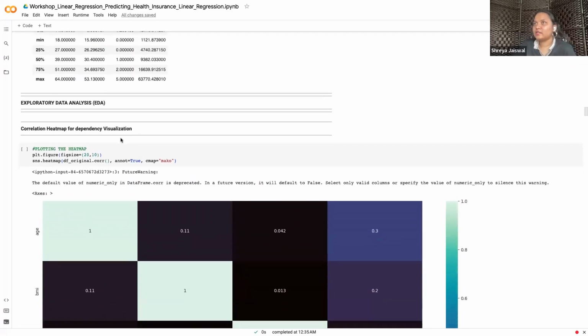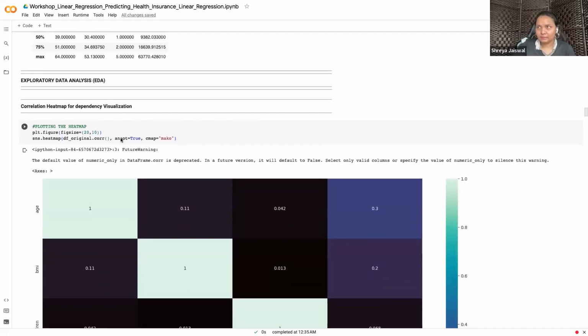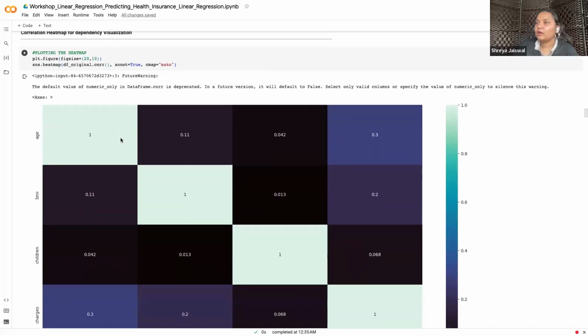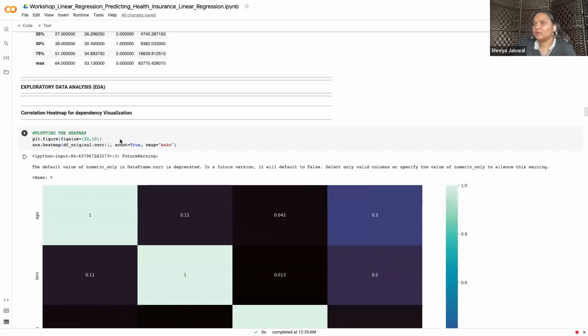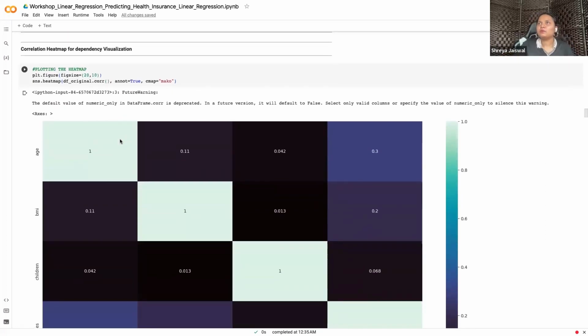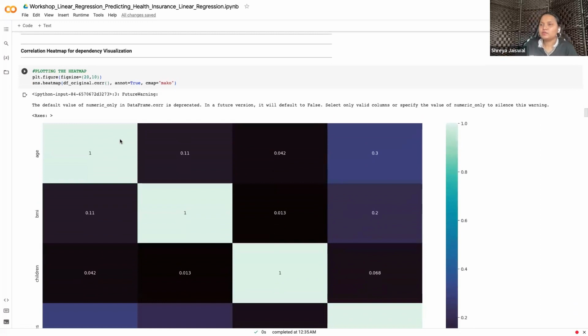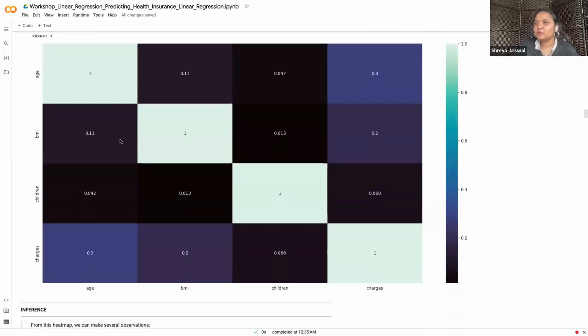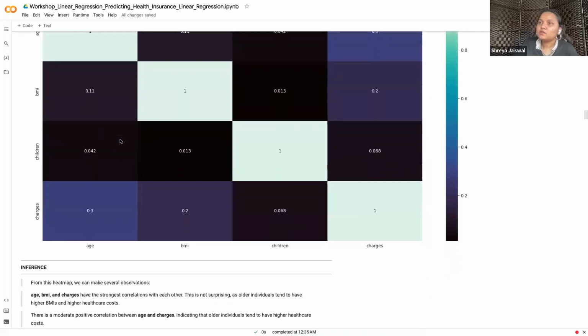Then the next part is doing a little bit of EDA. I'm sure all of you must know what correlation is. I'll just very briefly explain it. Correlation usually takes place between one independent variable and one dependent variable.